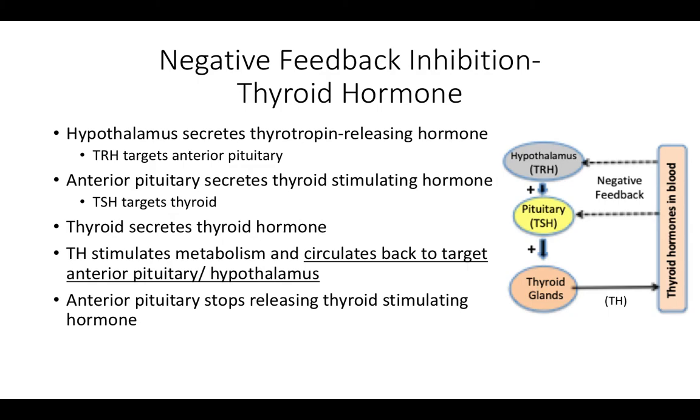That thyroid stimulating hormone is going to target the thyroid gland. The thyroid gland then releases thyroid hormone, which not only has its effects on metabolism, but also circulates back to target the hypothalamus and the anterior pituitary gland and say, stop producing TRH, stop producing TSH, or thyroid stimulating hormone. Okay, so that's negative feedback inhibition.